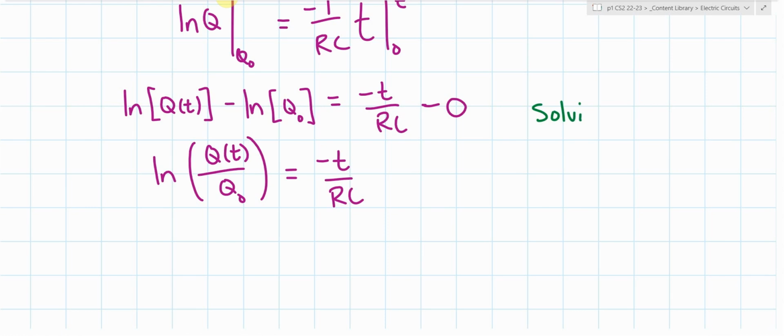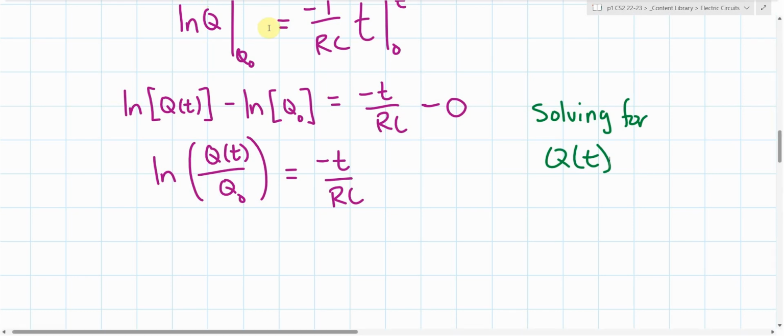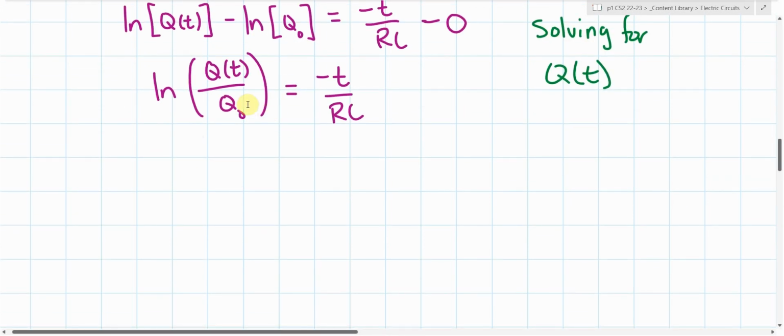So we're solving for q of t. Now we're going to e it. That's what they called it years ago when I was doing that. I don't know if there's an actual name for it, but take everything to the e power.